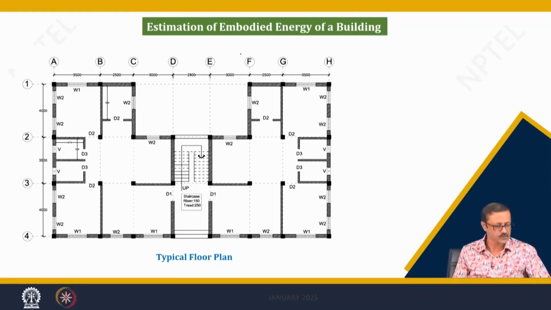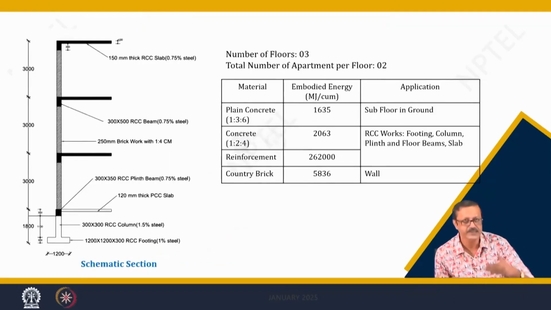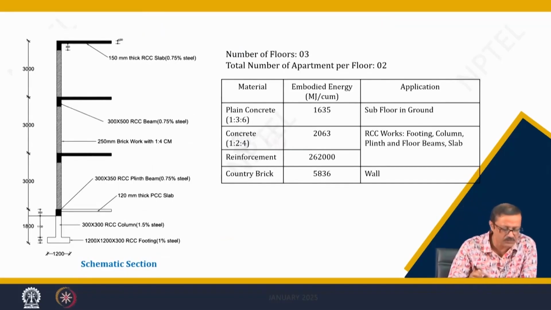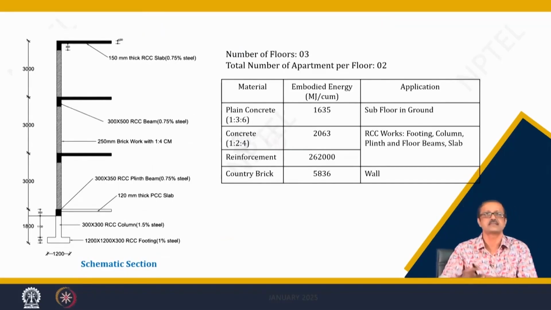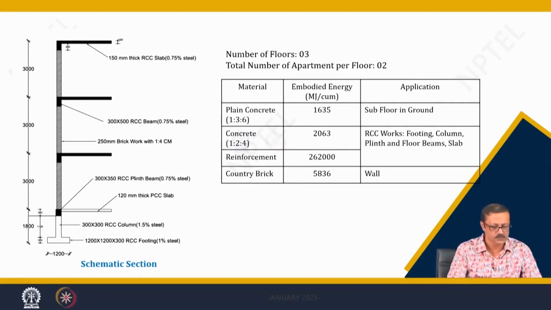So, I need some data. I need material data, and I need the sectional view. It has 3 floors, ground plus 2, and there are 6 apartments in total, 2 apartments on each floor. It has a 1.2 meter by 1.2 meter pad foundation with 300 mm thickness, and a 300 by 300 mm column throughout with 1.5% steel.